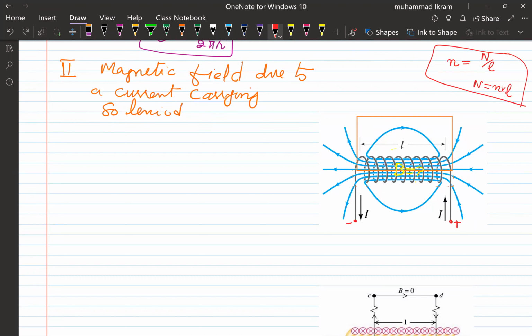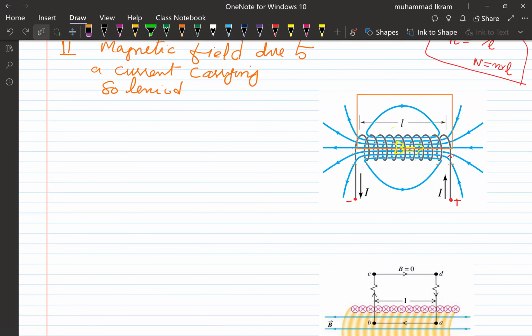Here you see that this is connected with the positive terminal of the battery, and this is connected with the negative terminal of the battery. EMF sources provide the current, and then there is the magnetic field. Now, look at the direction of the current: here at the back the current is sinking, but here the current is rising.